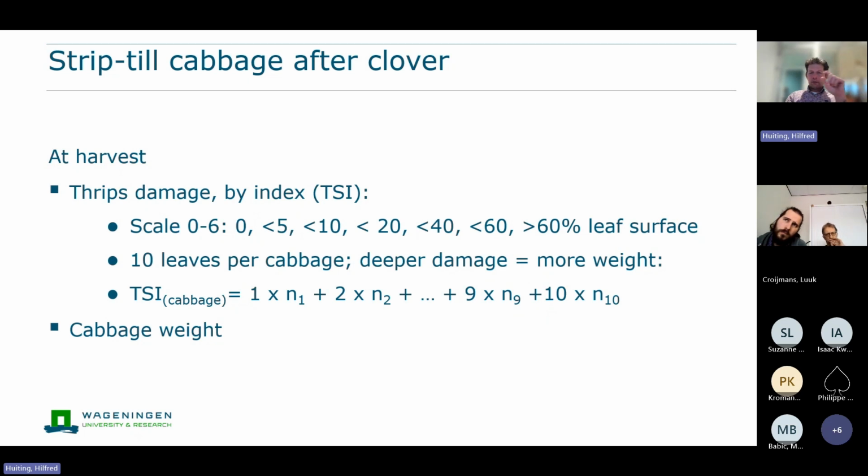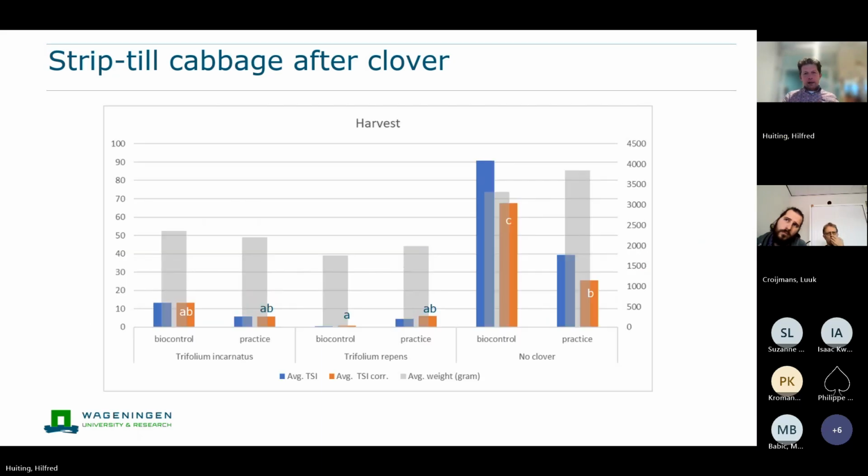So we did a correction there, and that results in this picture. So what I forgot to mention, we had these 2 clover strips, but we also had a conventional strip beside that. So that's the right third. So the no clover in the graph.